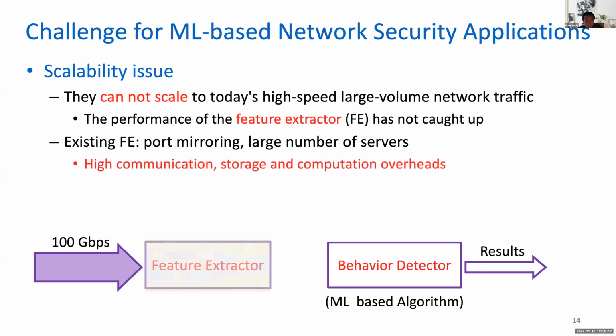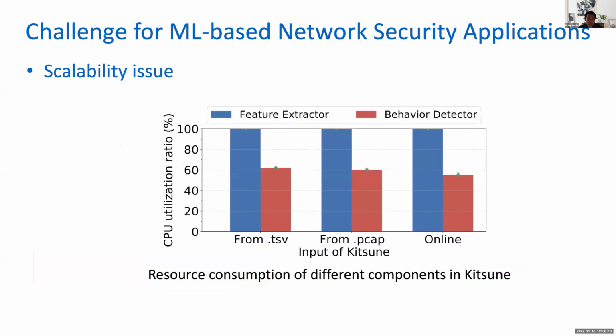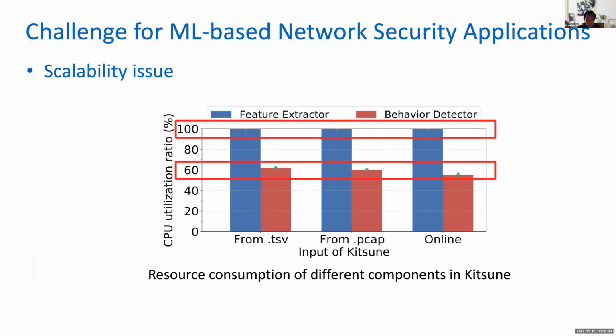We have a preliminary evaluation. There are two components, the feature extractor and the behavior detector. We use Kitsune, a deep learning based intrusion detection system, and we can see the feature extraction causes a major overhead for the system. So this may cause a scalability issue.